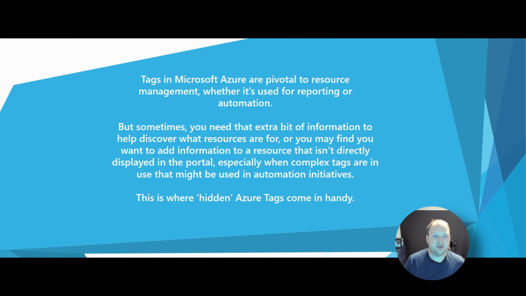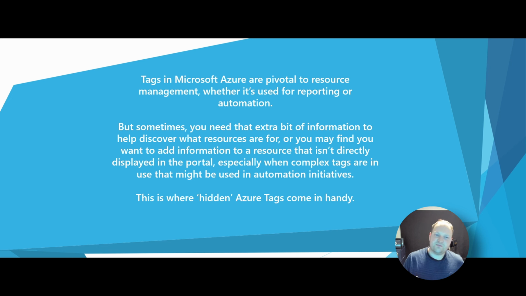So tags in Microsoft Azure are pivotal for resource management, whether it's just reporting or automation, but sometimes you might need an extra bit of information to help discover what the resources are for, maybe some more data about who owns it, what the service is.